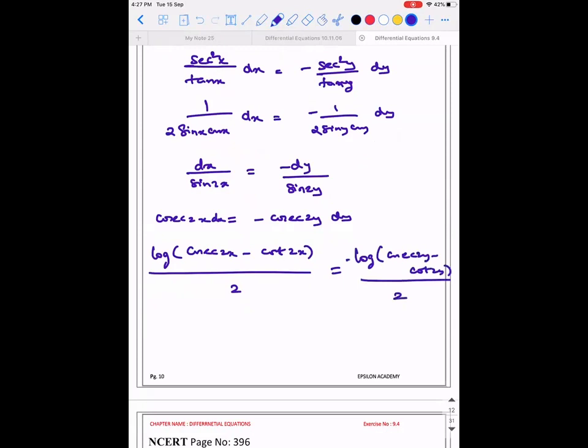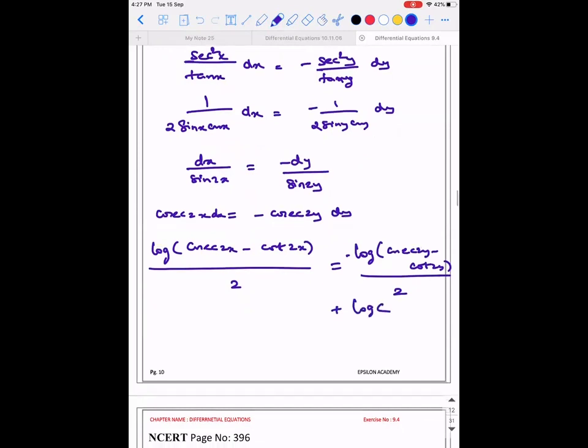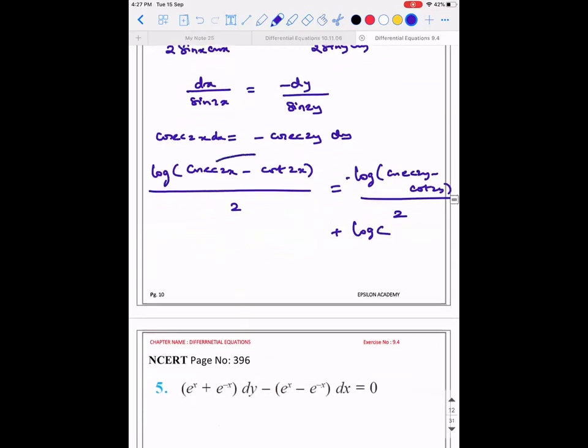Since you are getting log, what can we think of? You can take the constant also as log c. When you do this, cosecant 2x minus cot 2x, when you try to take LCM and solve, what are you going to get? Can you solve and tell me?